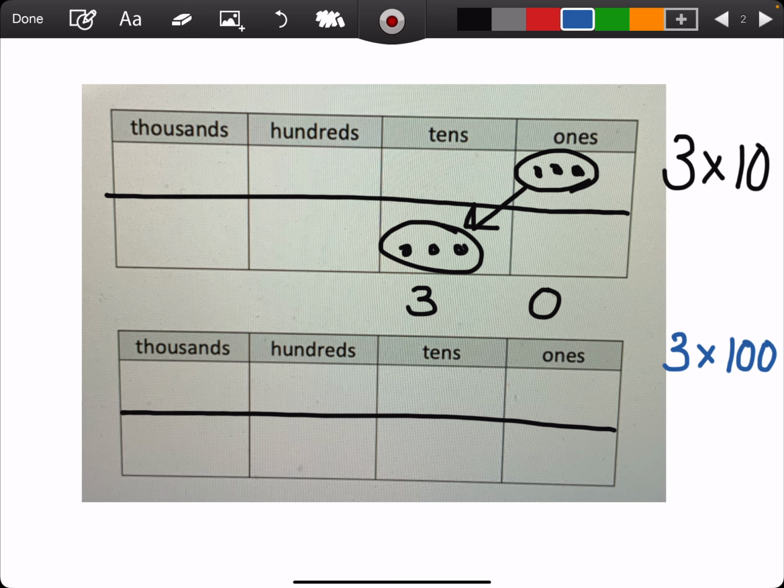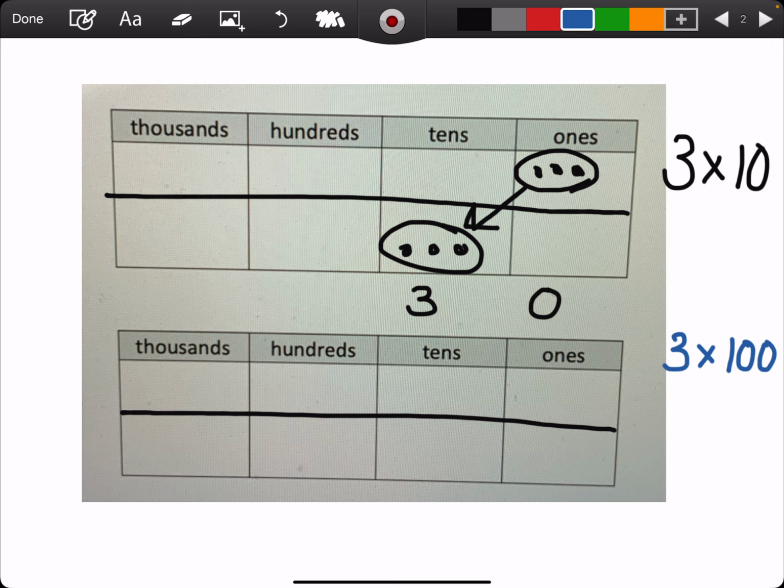Oh, 3 times 10, there's 1 zero, so you do the 3 times 1, and then you have 1 zero in your answer. That's right. But this lesson is we're showing you on our place value chart, what does it really mean? So when I do 3 times 100, what am I really doing?